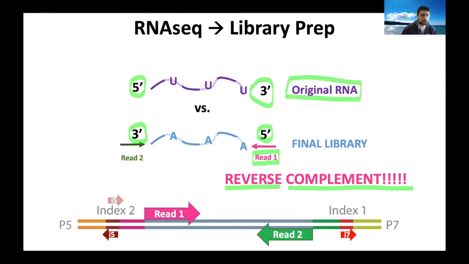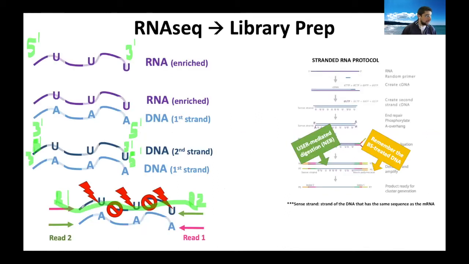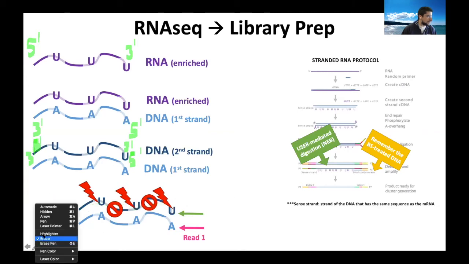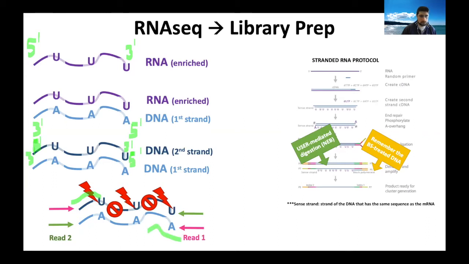If you had an unstranded library, then you will also retain this second strand filament. And in that case, your read 1 will give you both the same filament or the reverse complement filament, okay? So you're not able to distinguish where the original RNA was coming from, okay?